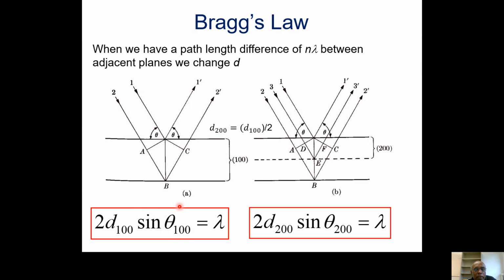But if I study the diffraction coming from the 200 plane, like here, the diffraction from 1 prime and 3 prime, that's coming from the 200. In that case, your angle will be different because your d is going to be different now, right? Because it's almost half of that. You need to understand when that happens. Here, this is happening from 1 prime and 2 prime. Here it's happening from 1 prime and 3 prime for 200.